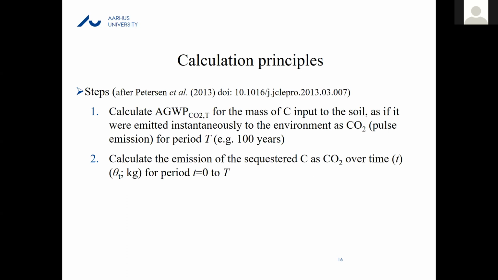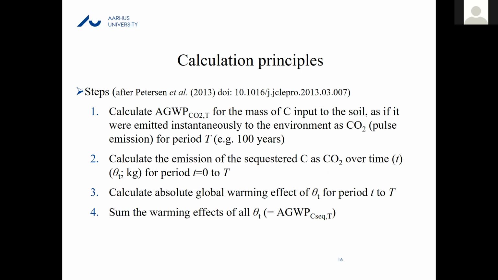The next step is to calculate the emission of the sequestered carbon over the period from its input to the soil until the end of the time horizon. Here we will use the symbol theta to represent the emission at any given time. Step 3 is to calculate the absolute global warming potential effect of theta from the time of its emission until the end of the time horizon.